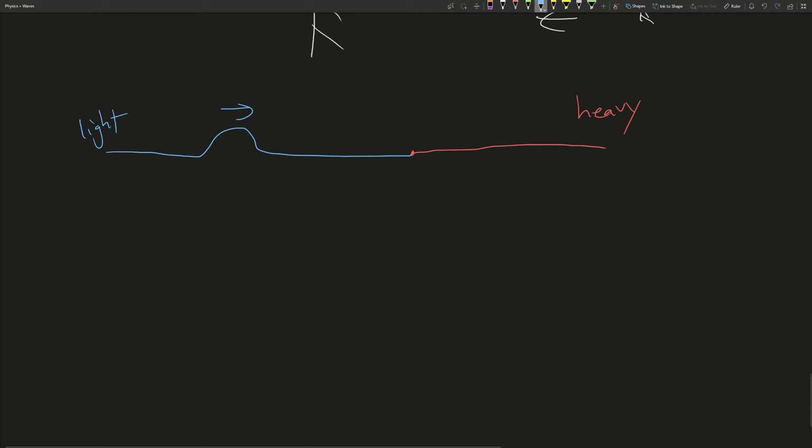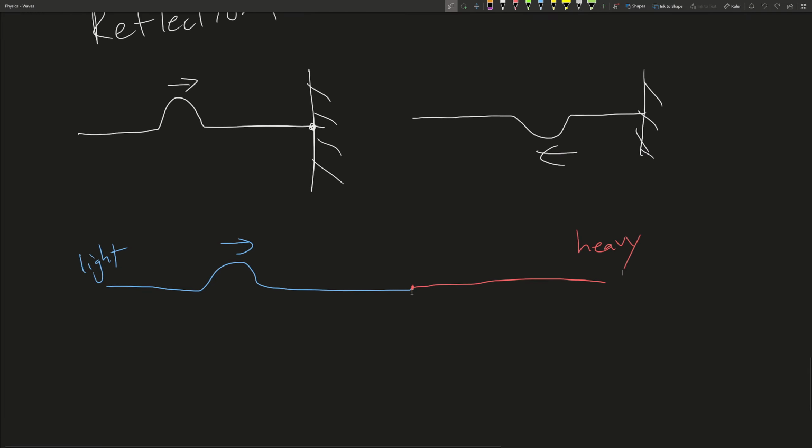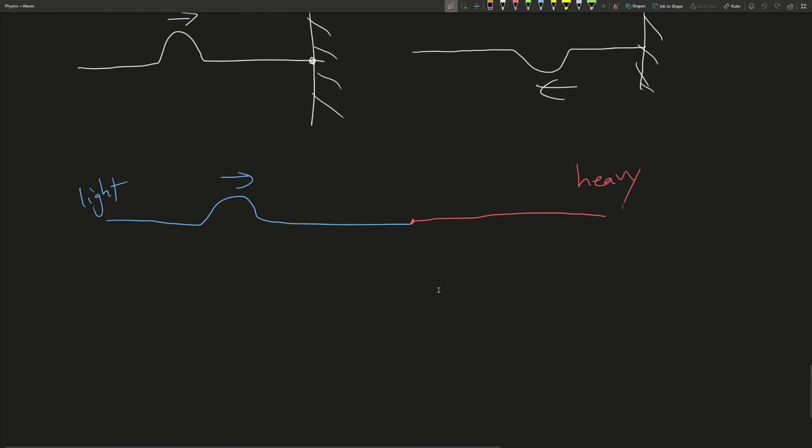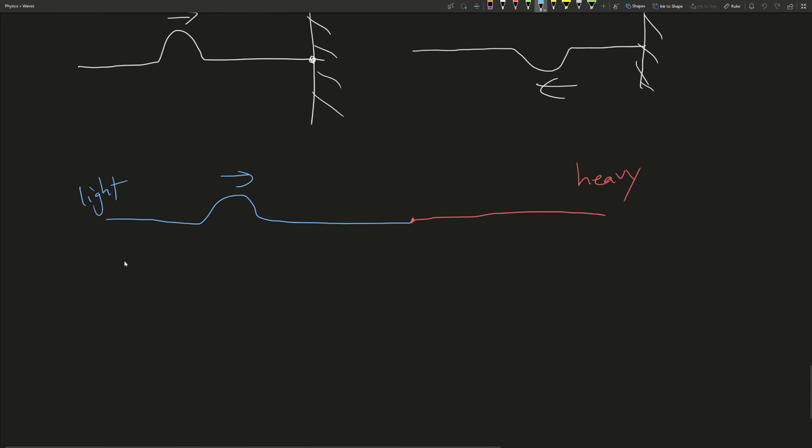You can think about it like this heavy string almost acts like a wall in some way, because it has more inertia than this light string. So this end doesn't move as freely as if it was all a light string. And what happens then is part of this wave actually gets reflected by the heavy string backwards.